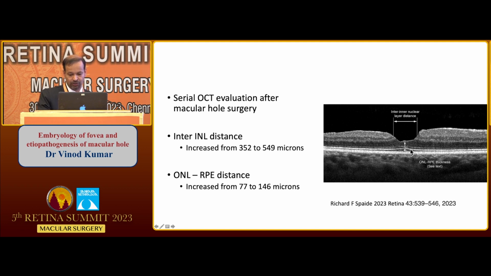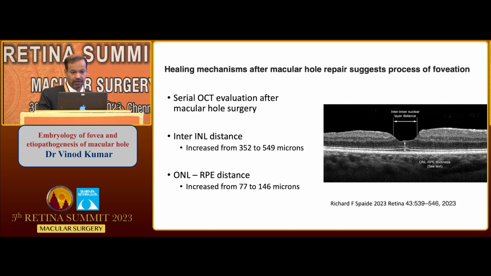He found that while the inter-inner nuclear distance increased, that is, there is centrifugal migration of the inner retinal layers, there is centripetal migration of the photoreceptors, thereby leading to thickening of the outer nuclear layer. So these suggest that healing mechanisms after macular hole repeat the process of foveation which happens during the fetal process.